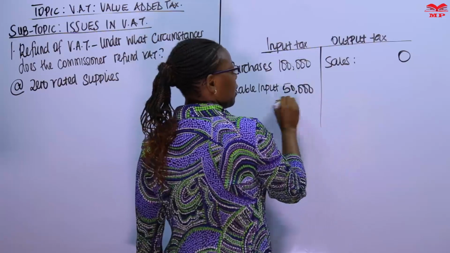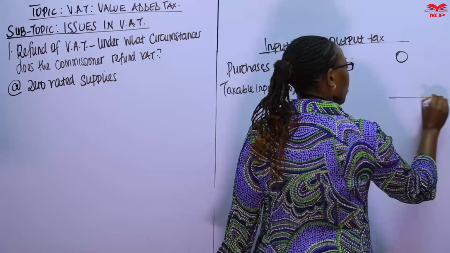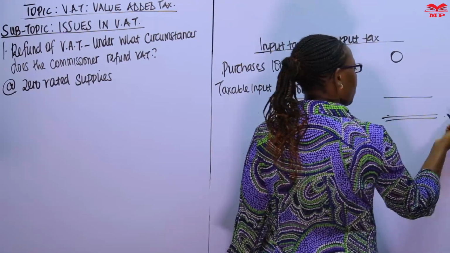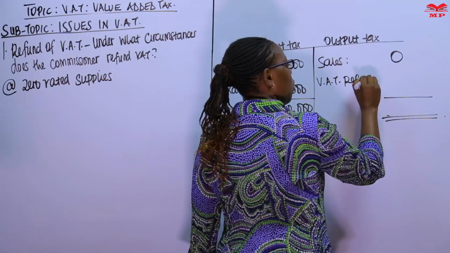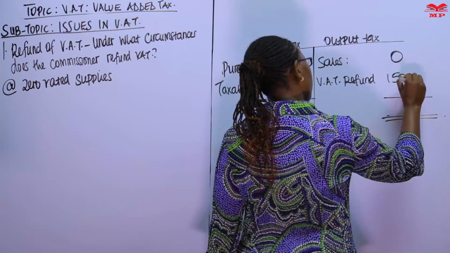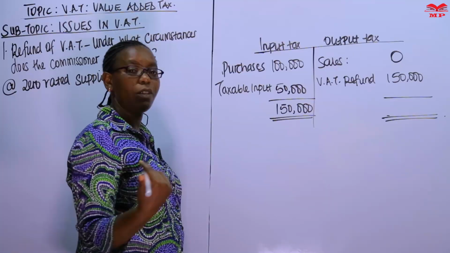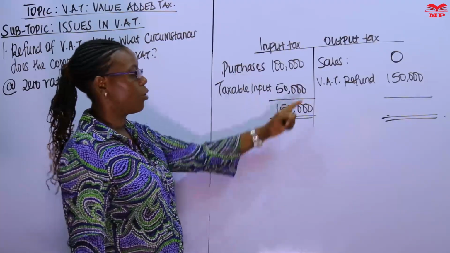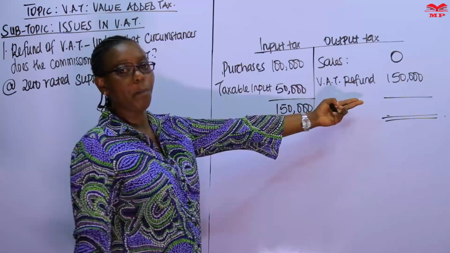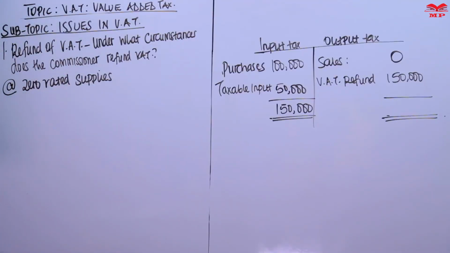So when you balance this, you'll have paid 150,000. You will have collected nothing. Let's say, for example, you're exporting, and therefore you will have a VAT refund of 150,000, because the incidence of VAT is not on the business. It is always on the consumer. So since this is what you've already paid, then you get it from KRA. So that is how a supplier of zero rated supplies recovers his VAT from the commissioner.